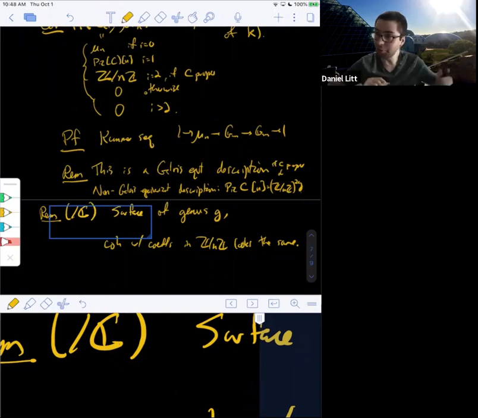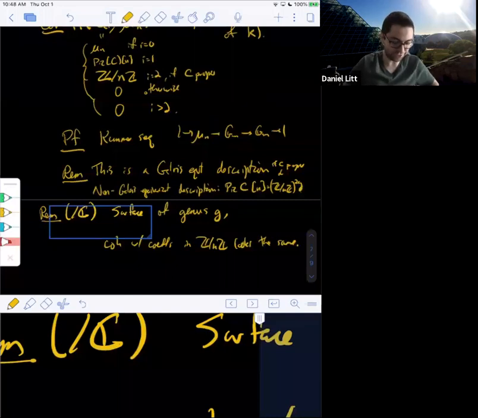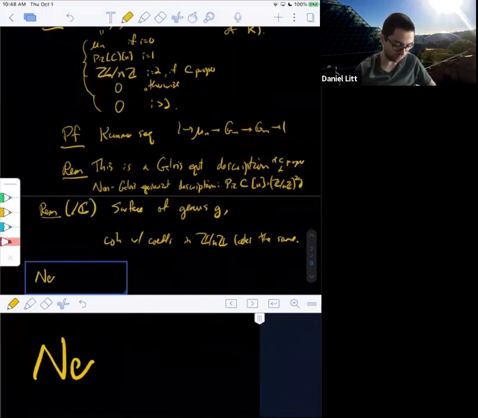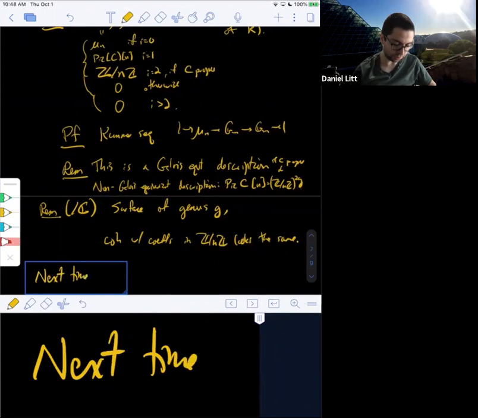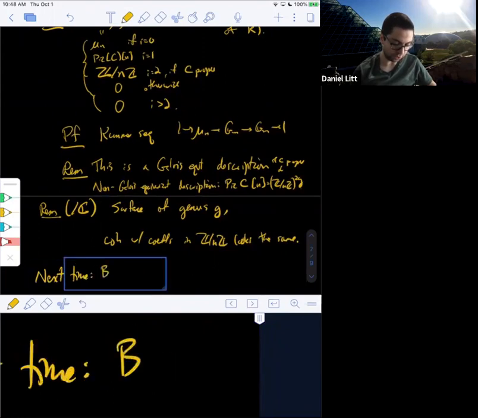All right, so we've now achieved our main goal. We've computed the cohomology of curves. That was our goal for the first bit of the course actually, and I'm pleased we got there. So next time we're going to start building more tools.